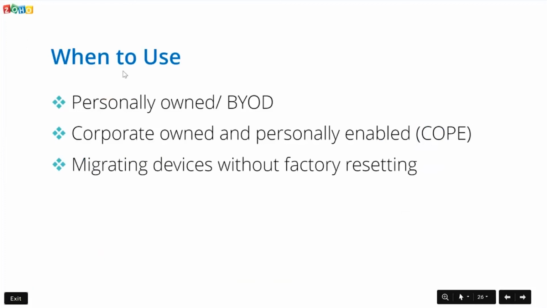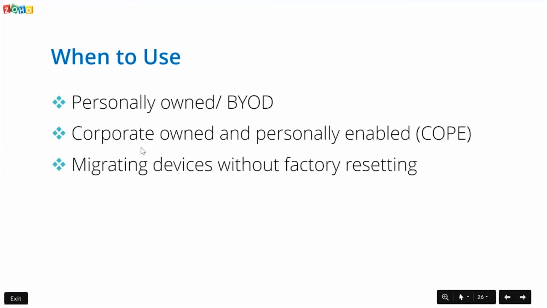Before that, let's see when to use either of these methods. The first scenario is if the device is owned by your employees, or if you support a bring your own device policy. So in organizations that support BYOD, since you are allowing your employees to bring their own devices and work with them, the device will have both personal and corporate data. So you need to find a way to manage the corporate data on your BYOD or employee owned devices.